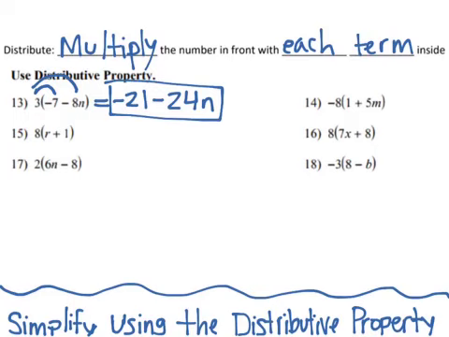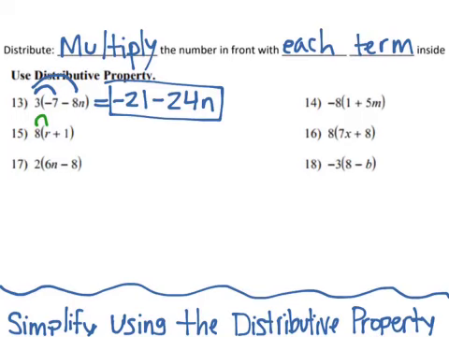Alright, let's go on to number 15 right below it. And we have 8 times, in parentheses, r plus 1. And to use the distributive property, we're multiplying this front number by each term inside.